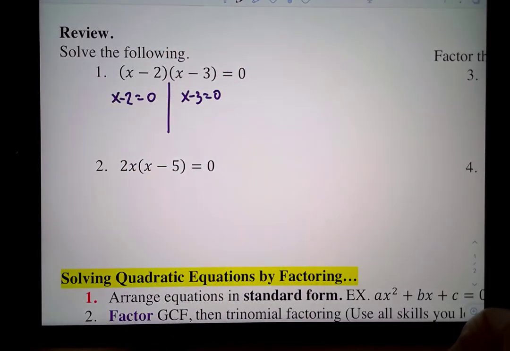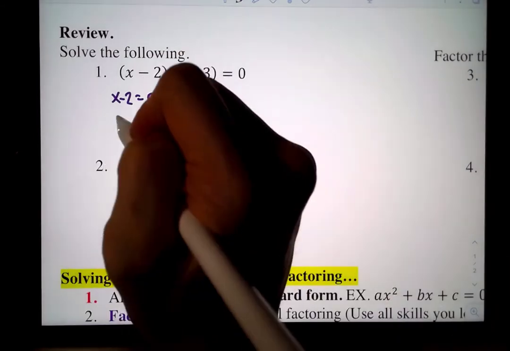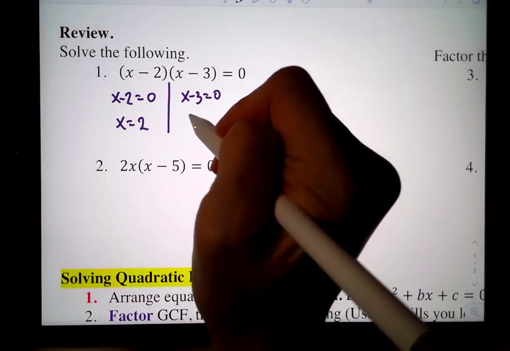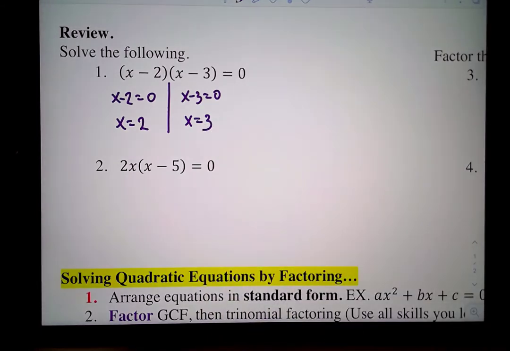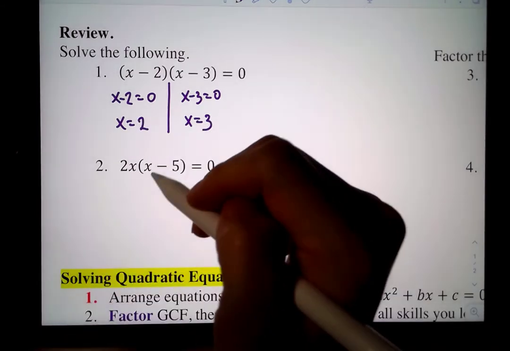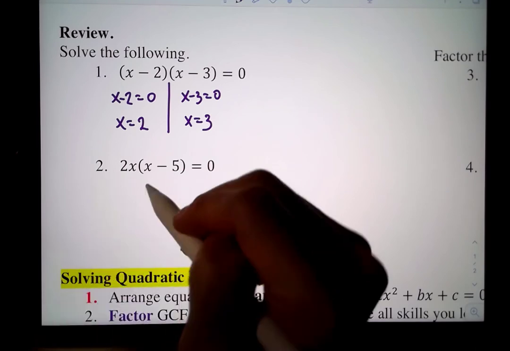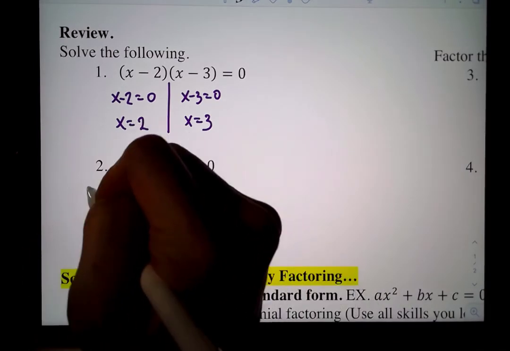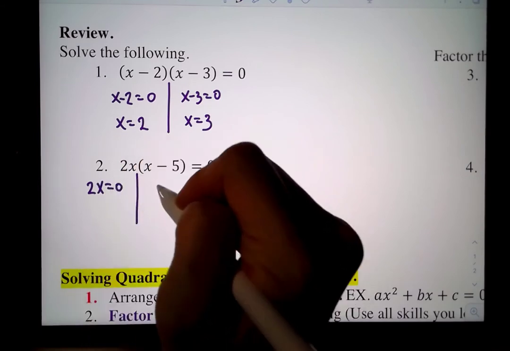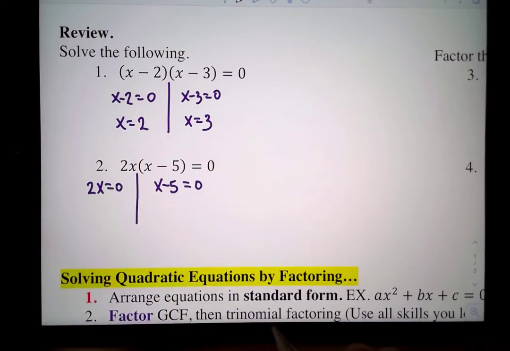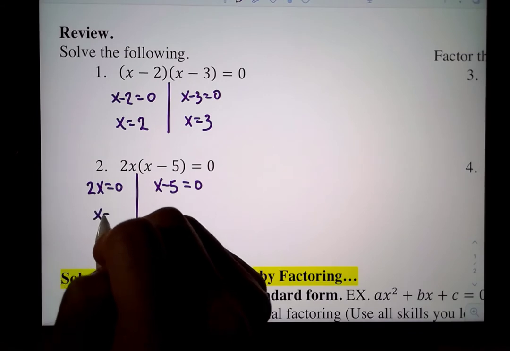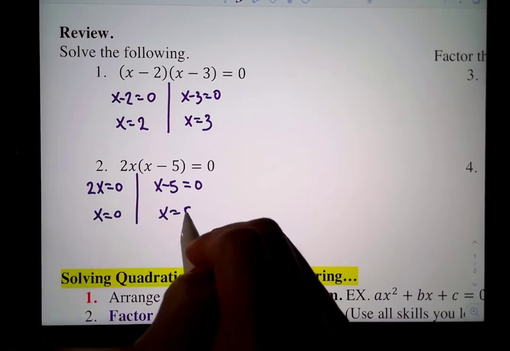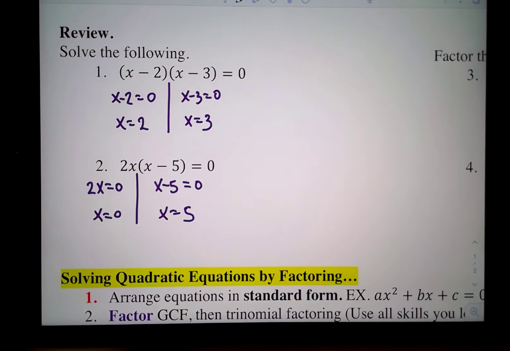We call this the zero product property, and x equals 2, x equals 3, right? And for that one, same thing. There's no parentheses, but it's the same thing. So you divide it like that, and 2x equals 0, x minus 5 equals 0. So from here, x equals 0, x equals 5, right? So we did this one. So that's how to solve the quadratic equation, right?